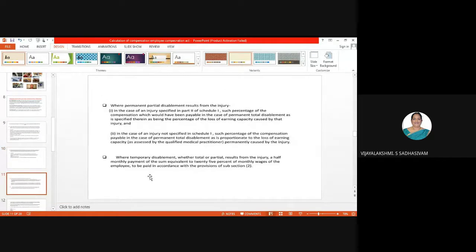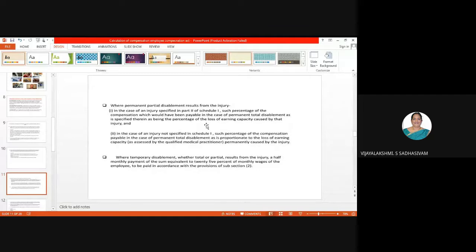Where permanent partial disablement is there due to the injury, in the case of an injury specified in Part 2 of Schedule 1, such percentage of the compensation which would have been payable in the case of permanent total disablement. So here we take that based on the loss of his earning capacity.